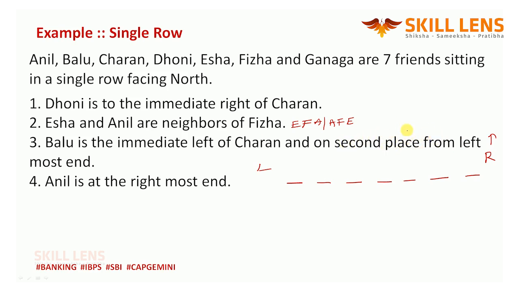Second place from the left means, let's say 1, 2, 3, 4. Some people will write that A is second place from the left end, and many will write A is here, and some people will give two gaps from here and write A here.